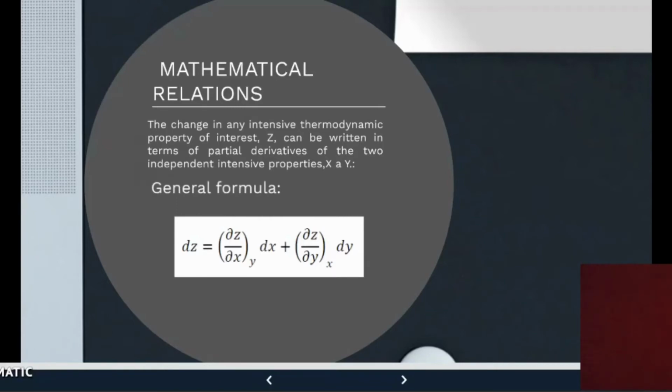This is a general formula, and from it we will come out with all the thermodynamic property equations. This is the initial process, including all the properties that we need to take partial derivatives of, and come out with the final formula using the cyclic relation or Maxwell relation.